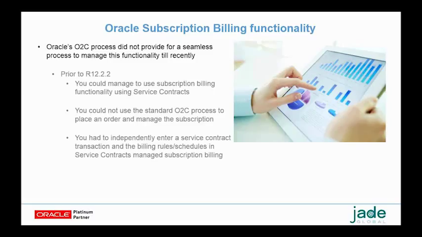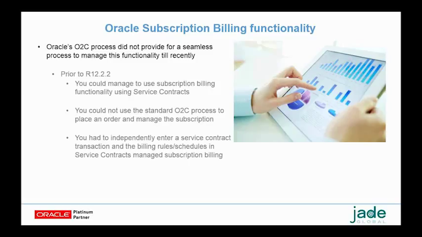And in that particular version that most companies are using, one of the drawbacks of the functionality that Oracle provides for subscription billing is that you cannot seamlessly integrate your order to cash process with subscription billing. Subscription billing is provided as a functionality which is available through something called service contracts, another product that Oracle sells, and that manages the billing cycle.